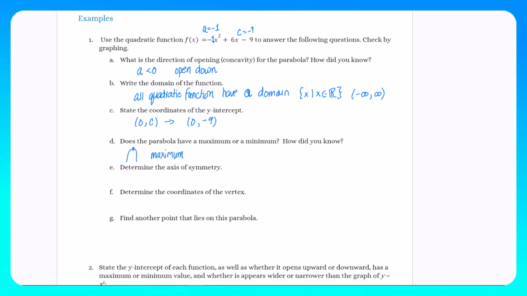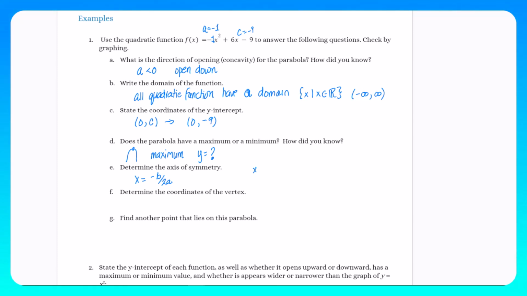Now, unlike in vertex form where we could figure out what y is, in this form as it is, we can't figure it out right away, but we will get to that in a minute. We can figure out the axis of symmetry because we have this lovely little equation, x equals negative b over 2a. So let's plug everything in.